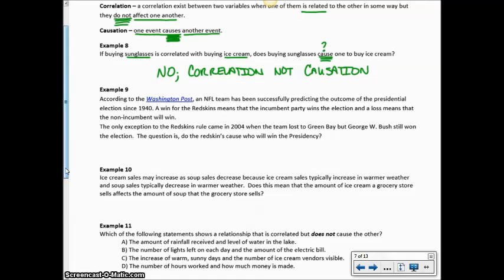This question is, do the Redskins cause who will be president? So obviously, no. Of course it doesn't cause it. They just happen to be correlated. So there again, no. It's correlation, not causation.